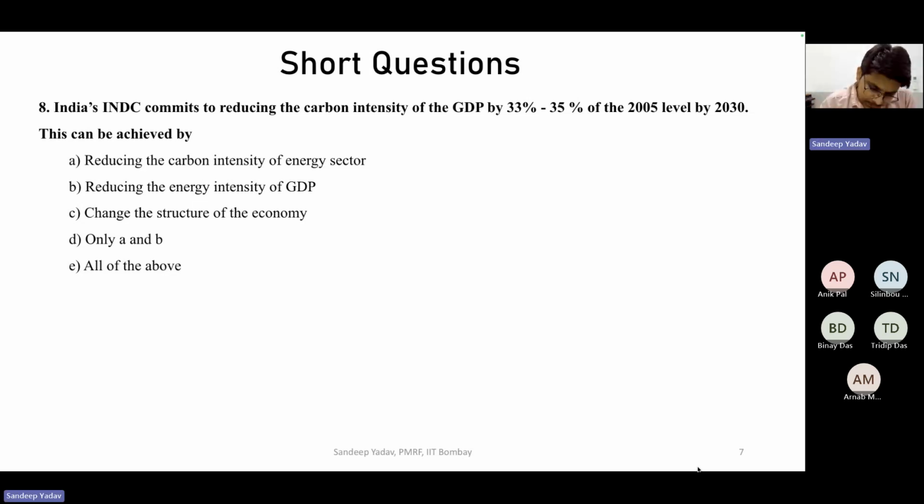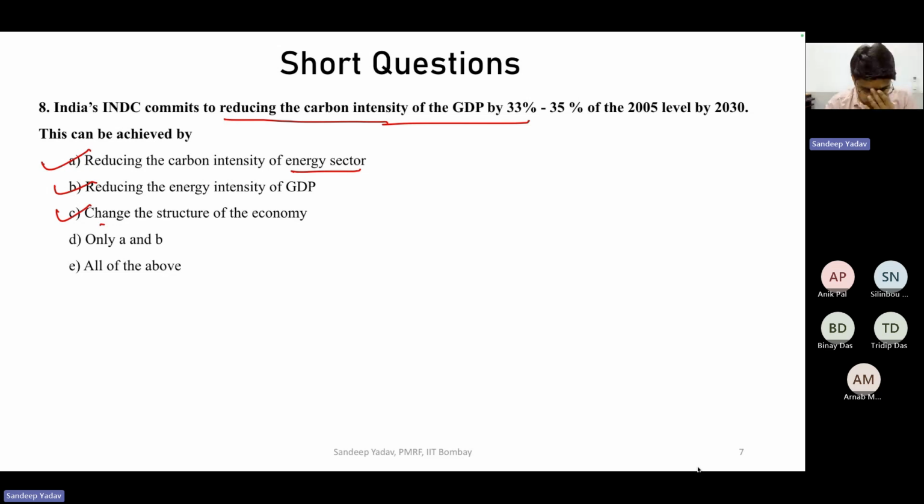So, India's INDC commits to reduce the carbon intensity of GDP. First thing is reducing the carbon intensity of the energy sector. It's related, correct? Reducing the energy intensity of GDP is also true. Third, change the energy structure, meaning from what we are generating the electricity.